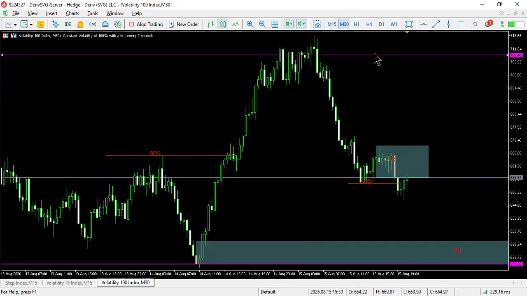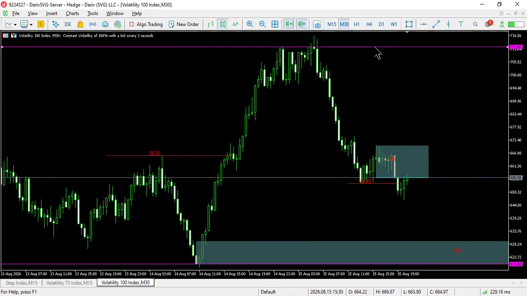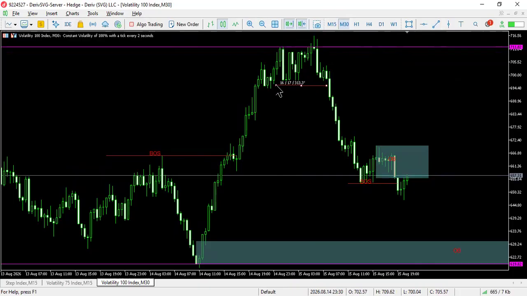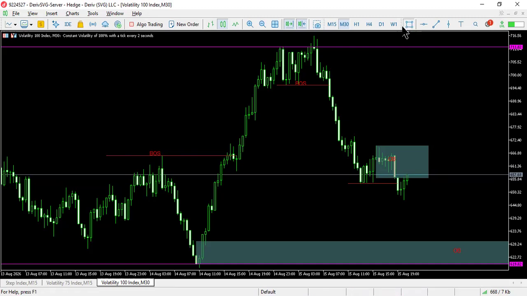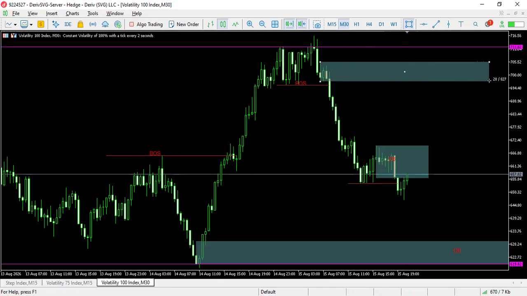From the M30, the price action is clear. We have that break of structure. That break of structure, and then the order block which caused the break of structure.